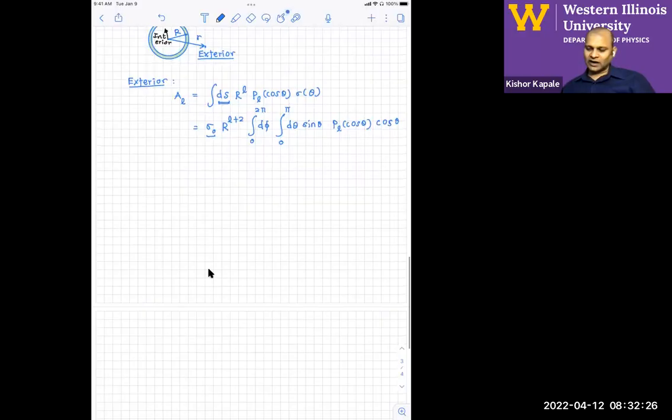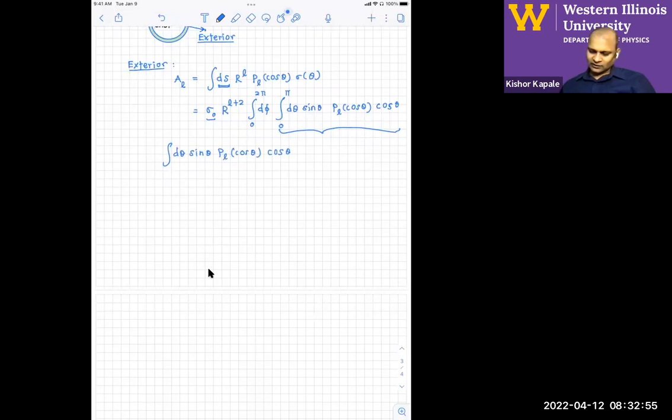Okay, so now we need to find out for what values of L this integral is going to survive, right? Once you figure that out, then we are set. So let's look at that integral d theta sine theta P_L of cosine theta times cosine theta. We're going to substitute cosine theta as x. Then dx is going to be sine theta d theta, right?